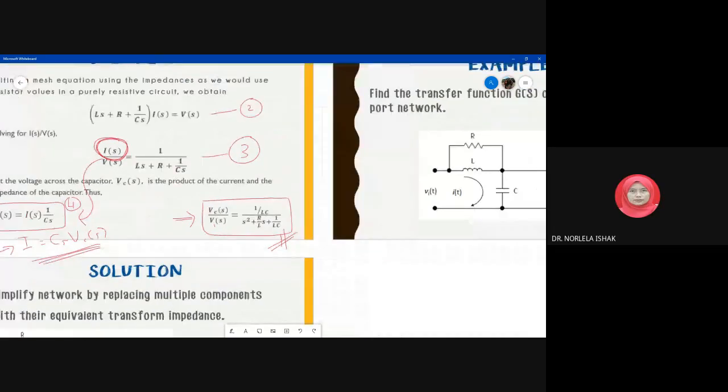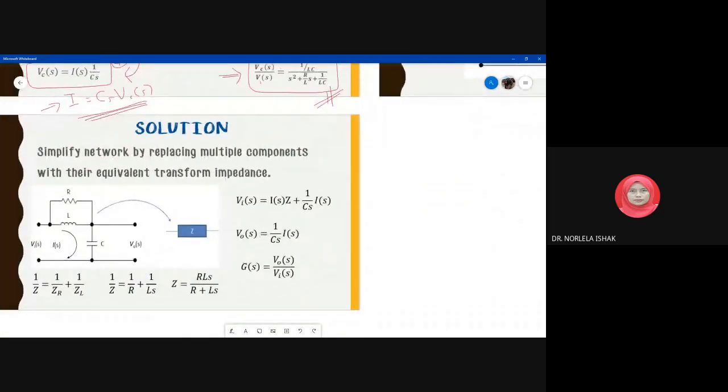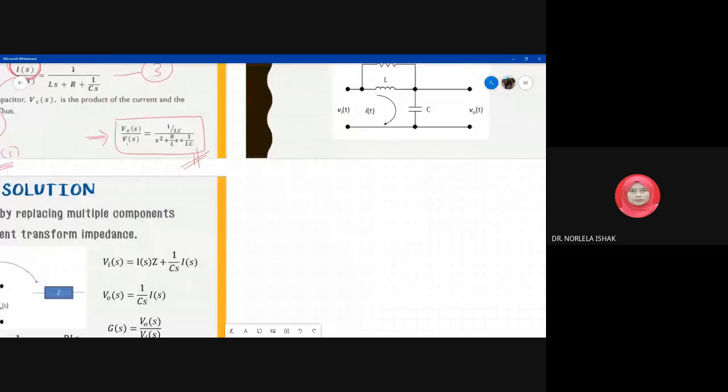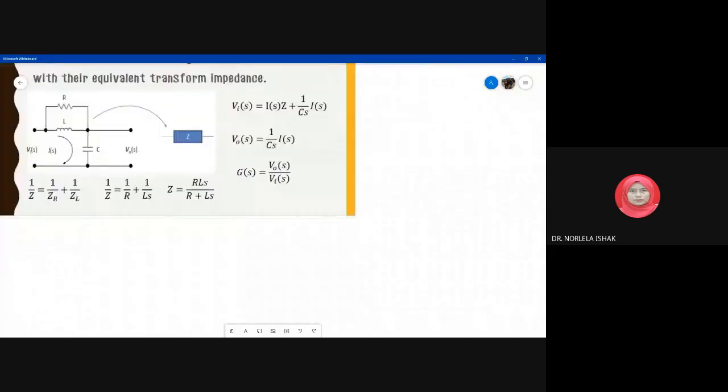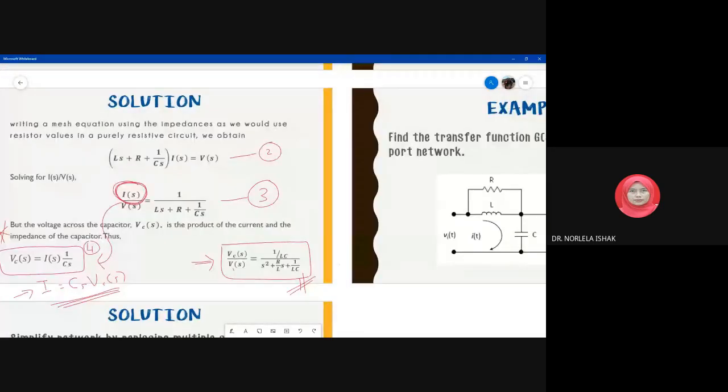Okay, so we finished our electrical system: how to analyze or define the transfer function from the electrical system.